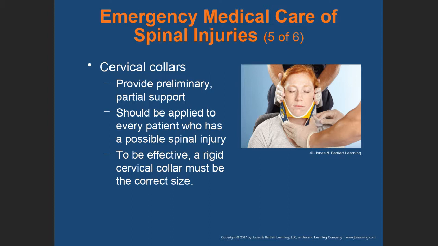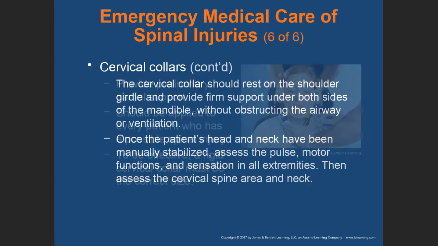So spinal motion restriction consists of putting a cervical collar on your patient and placing the patient on a spine board and fully immobilizing the patient. The cervical collar should rest on the shoulder girdle and provide firm support under both sides of the mandible without obstructing the airway or ventilation.